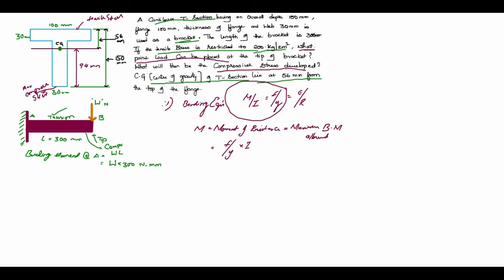So F is going to be F tensile, which is equals to 200 kg per centimeter square, which is equals to 200 into 10 Newton divided by 1 centimeter square. 1 centimeter square is equals to how much, guys?